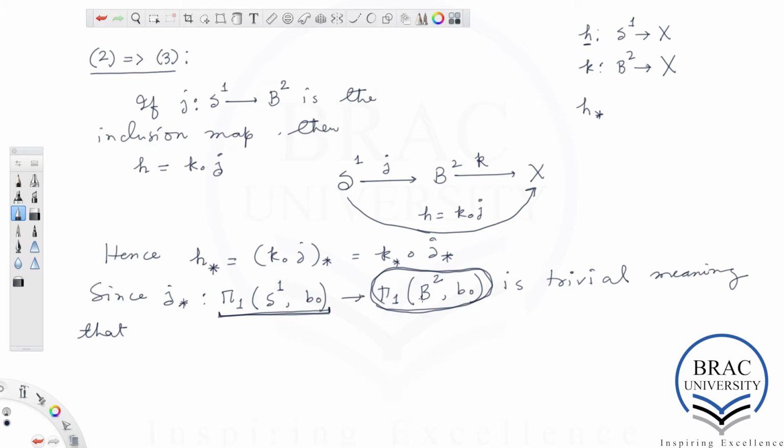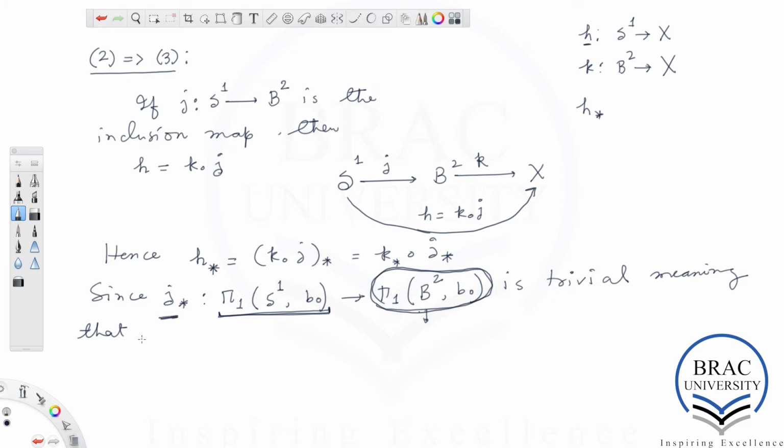That's the only element in this fundamental group. So since we have this map J star from the fundamental group of the circle to the fundamental group of the two disk, all the group elements are mapped to that single element. That is the reason this induced homomorphism J star is trivial.